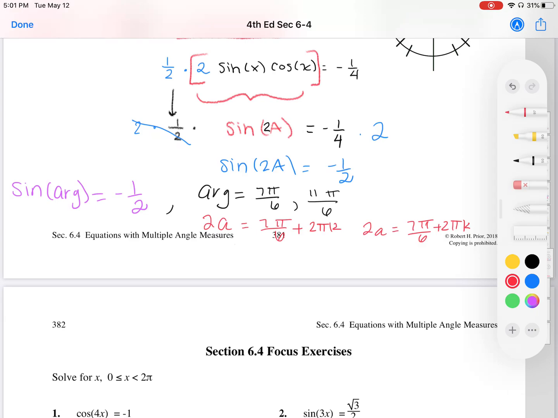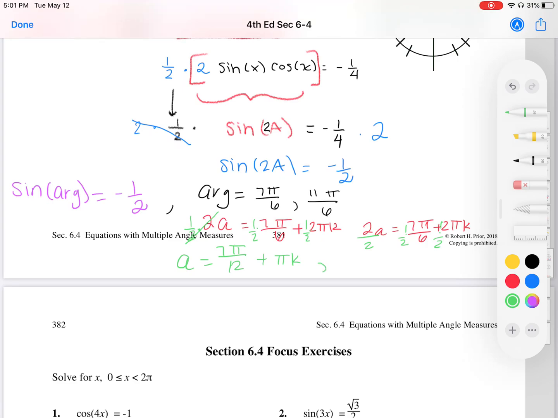Let's get a by itself by dividing by 2, or multiplying by 1/2. So we're left with a is equal to 7 pi over 12 plus pi k.